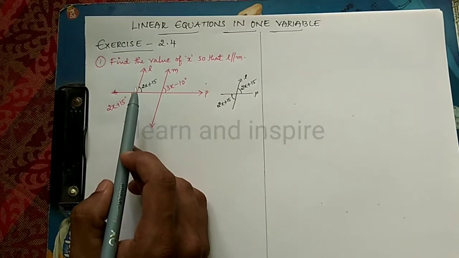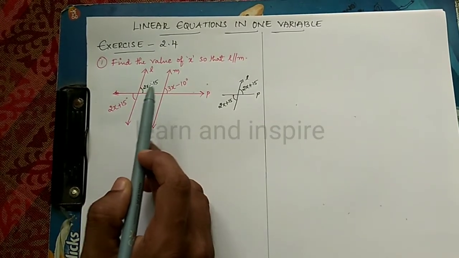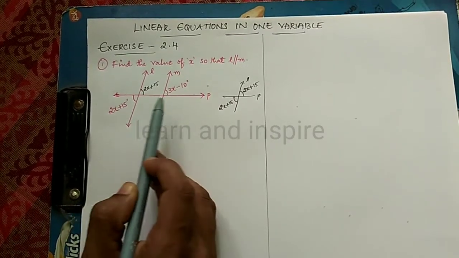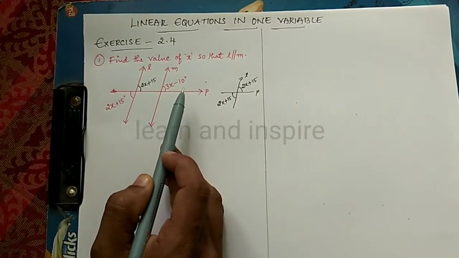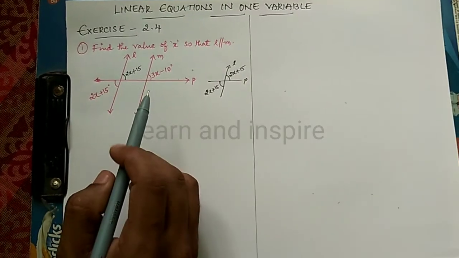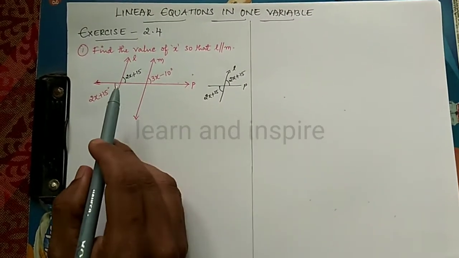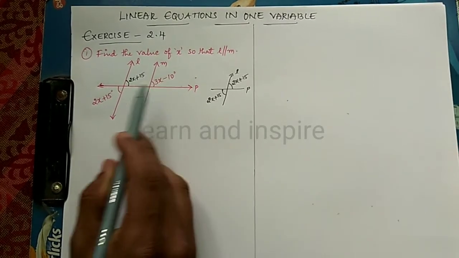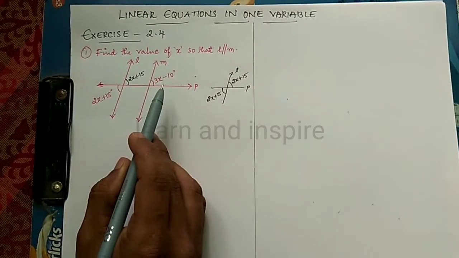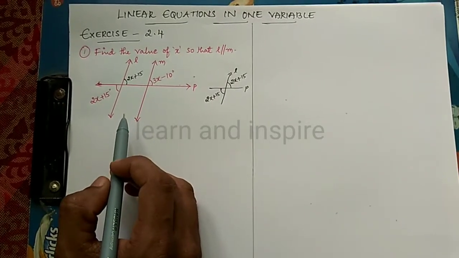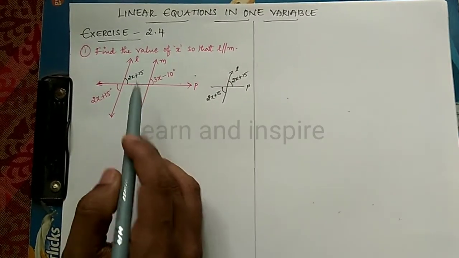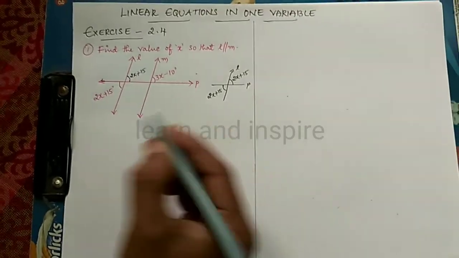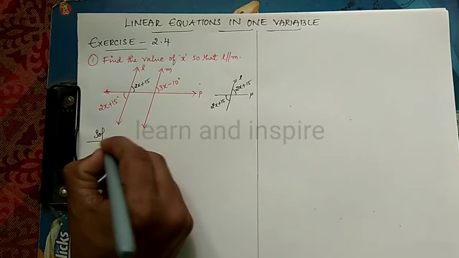As we know, if one angle is interior and the other is exterior, and the two angles are on the same side of a transversal, then we call them corresponding angles. When a transversal is formed, the pair of corresponding angles are equal. So we solve this problem.